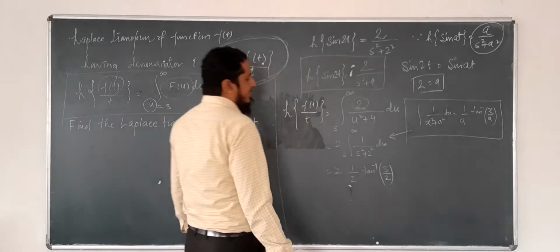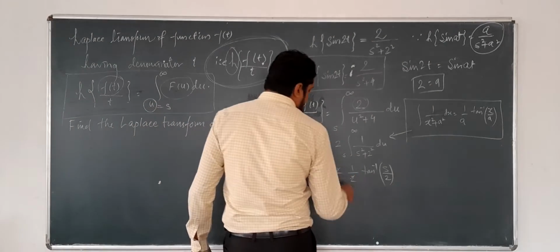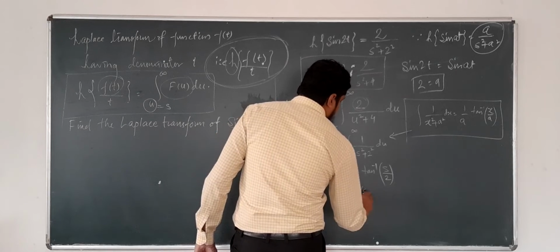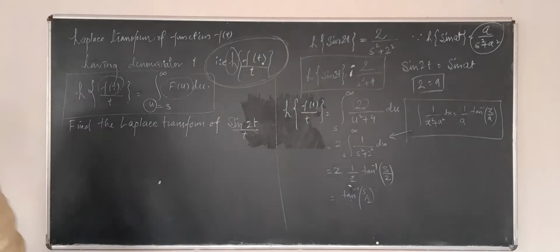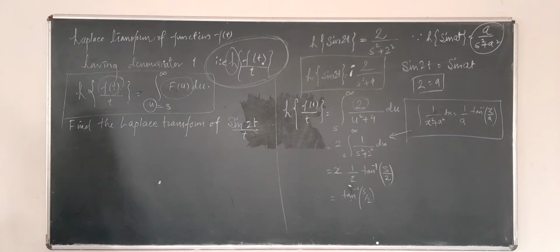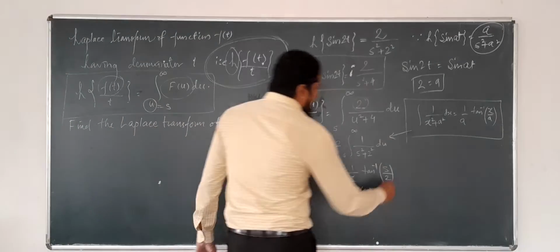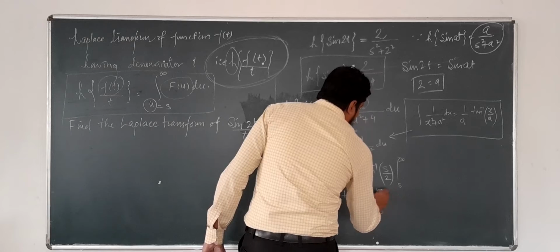The 2s get cancelled, and we will get tan inverse of x by 2, and here we can put the limit of the integration.